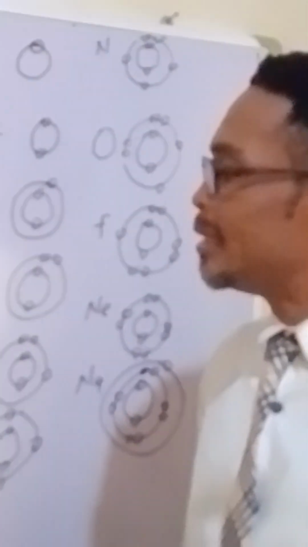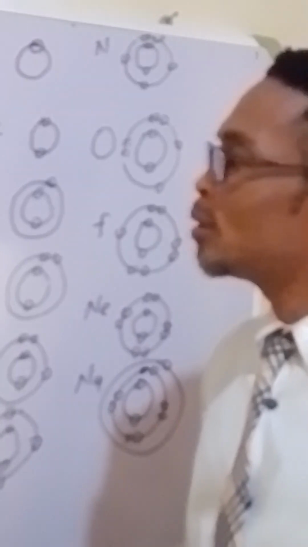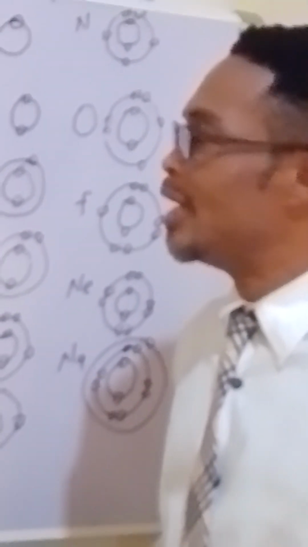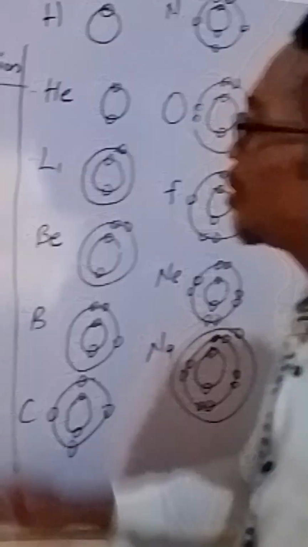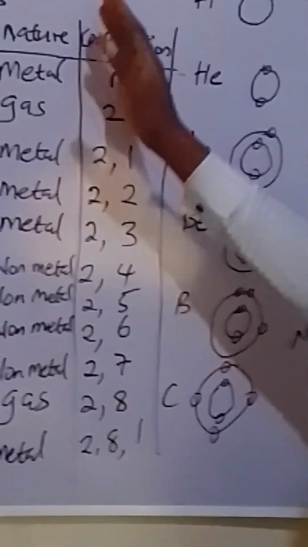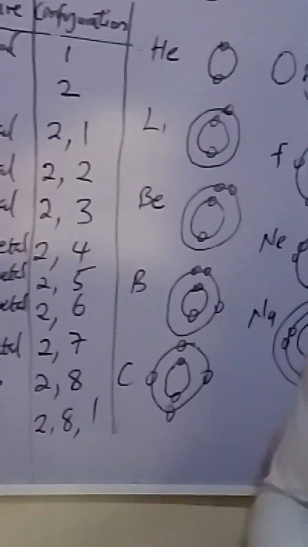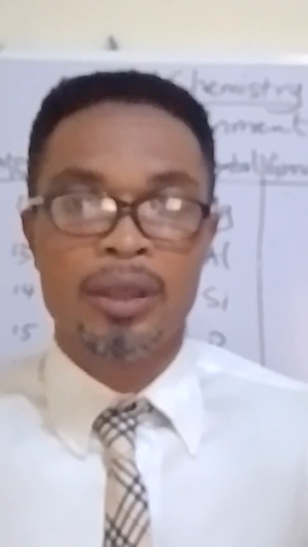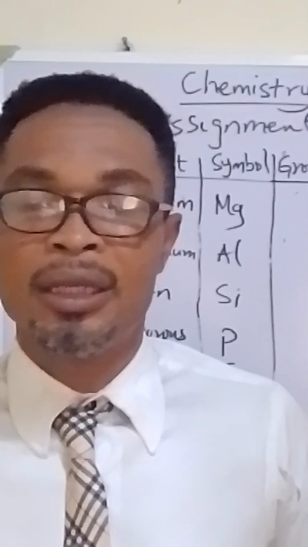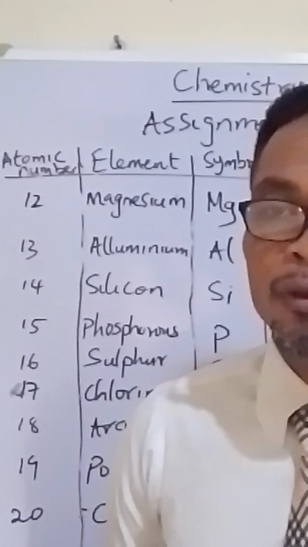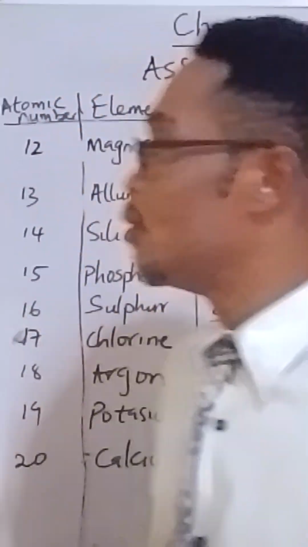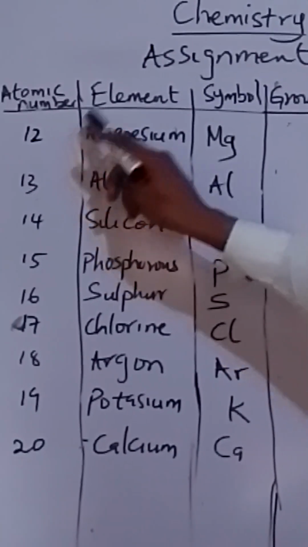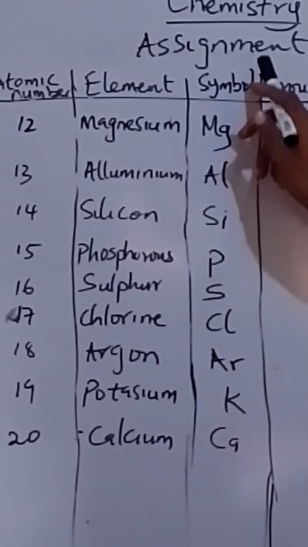So we have treated 1 to 11, and I want you to use this format and complete 12 to 20, and I'm going to give you the atomic number of the elements, the name of the element and the symbol. Then you will complete the group, the nature, and the electronic configuration. Okay, having completed the first section, which is from 1 to 11, we have on the board from atomic number 12, and I've listed the elements and their symbols.